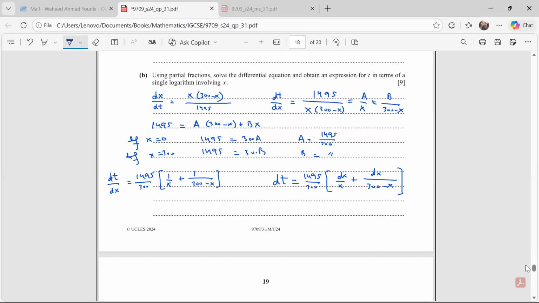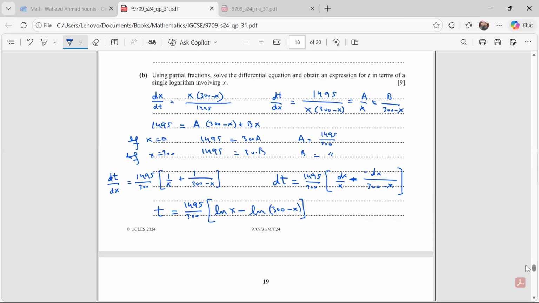Now if I integrate from both sides, it will become t on the left side, and 1495 over 300 times, here I will have log x, right? And the derivative of this part is minus dx, so I put negative here and negative here. Since the numerator is the derivative of the denominator, the answer is log of 300 minus x.